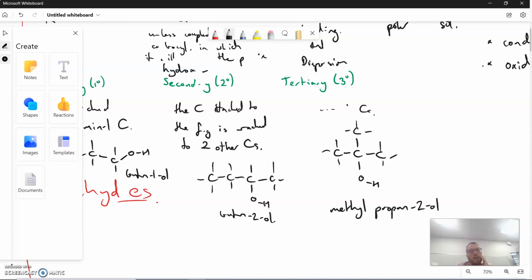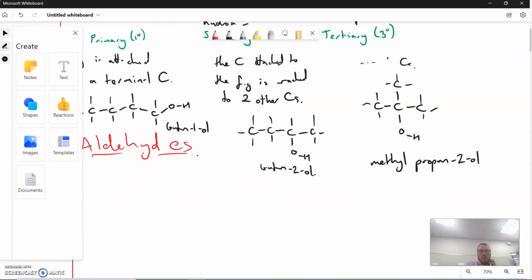So, example, 2-methylpropan-2-ol. Yeah? So the products of oxidation of these compounds are different, and we'll explore that in the next topic. That's why we distinguish the difference between them.